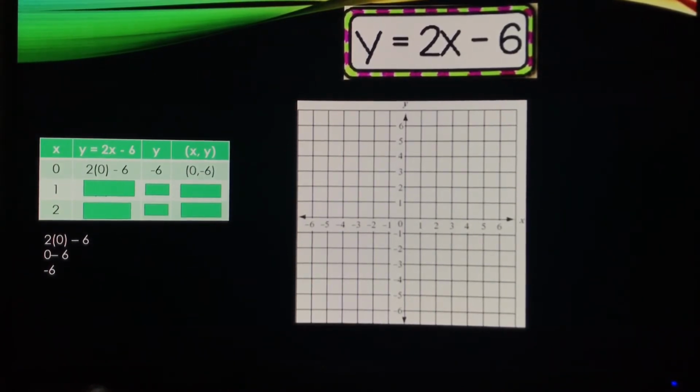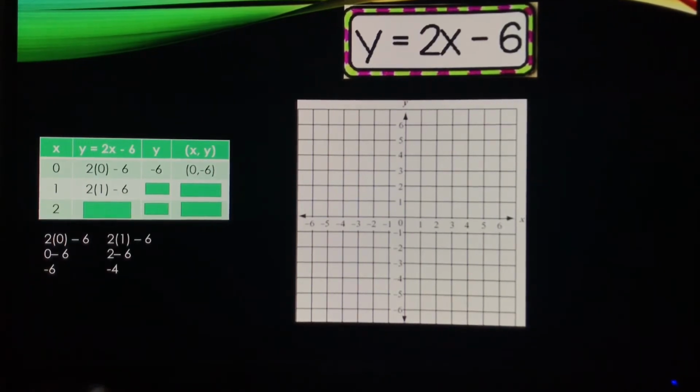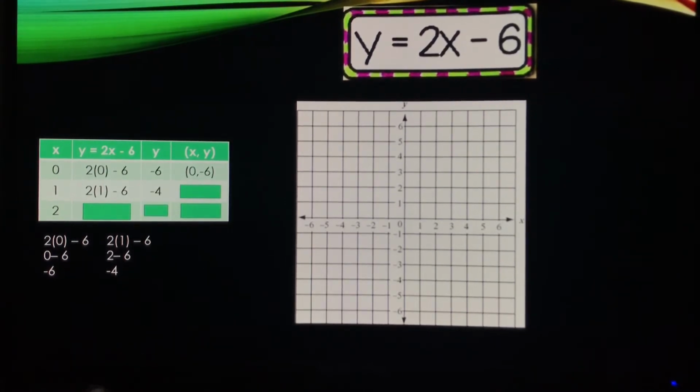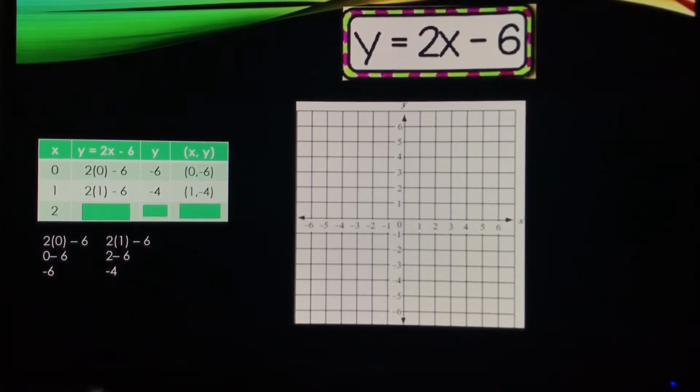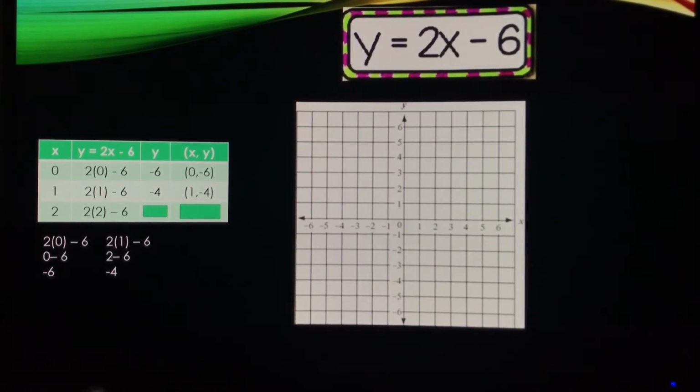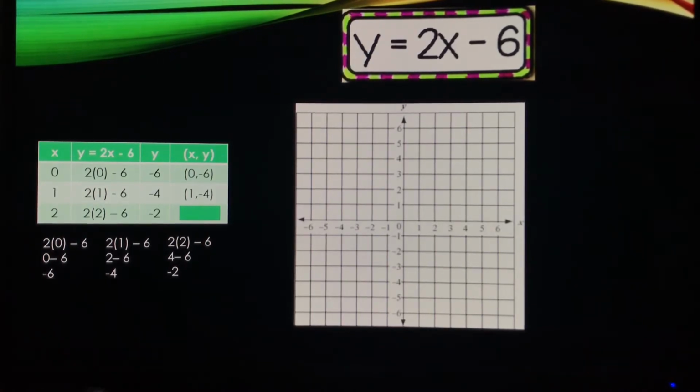And then I'm going to plug in 1, and I'm going to do 2 times 1 minus 6, which is 2 minus 6, which is negative 4. I'm basically generating some of the solutions on my graph. Then I have 2 times 2, which is 4, minus 6 is negative 2.